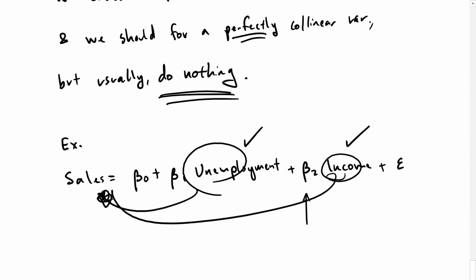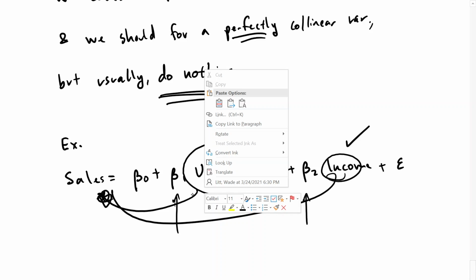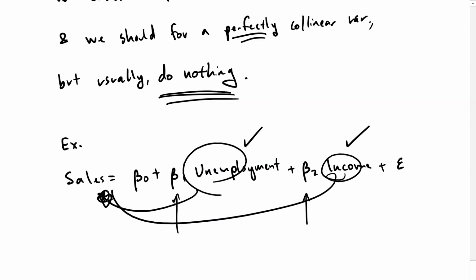So if beta 2 or beta 1 is biased, it's going to look like your unemployment causes a different level of sales than it actually does, or income causes a different level of sales than it actually does. So if you're trying to do causal econometrics, even if there's some multicollinearity in there, leave it in there, because especially as the sample size increases, it's going to get better.